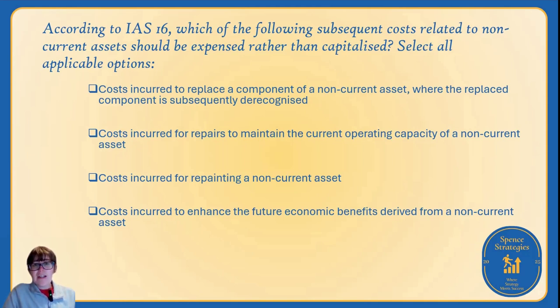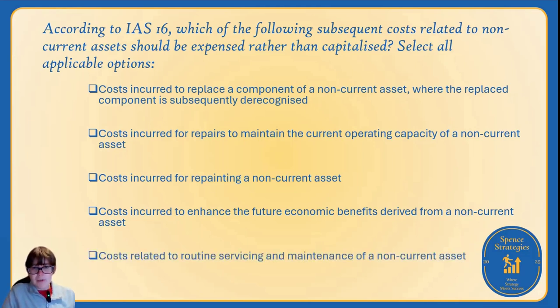If it doesn't, something like painting, for example, we would then need to expense this to our statement of profit or loss instead. So this one is not applicable. We are going to absolutely capitalise it because these costs would bring about future economic benefits and allow the business to continue to trade profitably using that non-current asset.